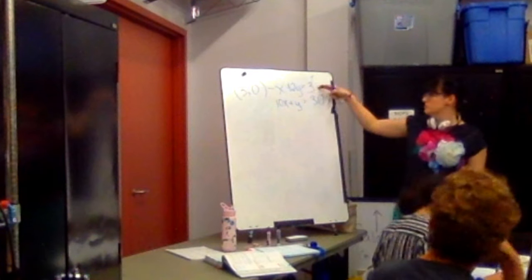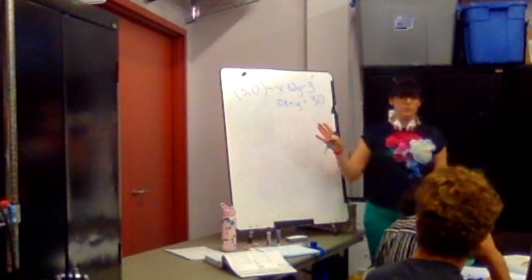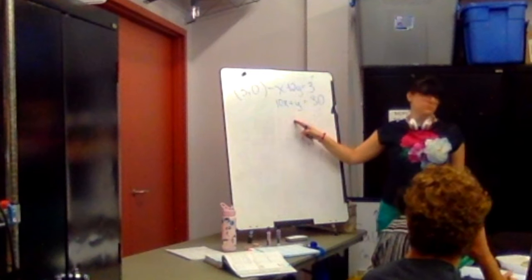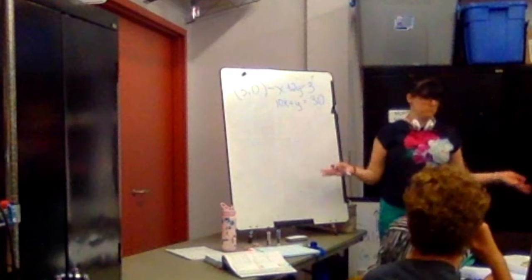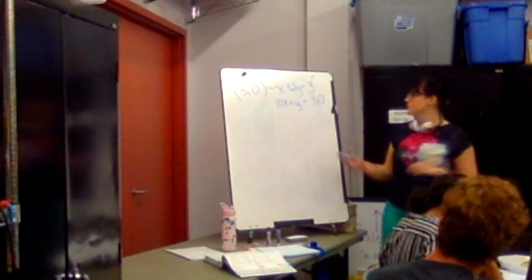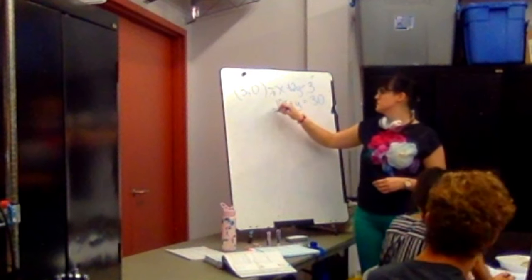So, here are my two equations. Together they make a system. I need to see, in order for it to be a solution of the system, it needs to work in both. Does that make sense? Because the x has to be the same x as in the other one. The y has to be the same y as in the other one. So, I'm going to start with this one. Let's label this equation 1 and this equation 2.